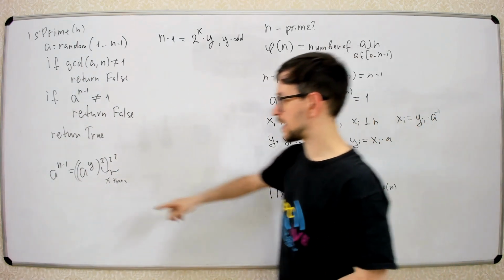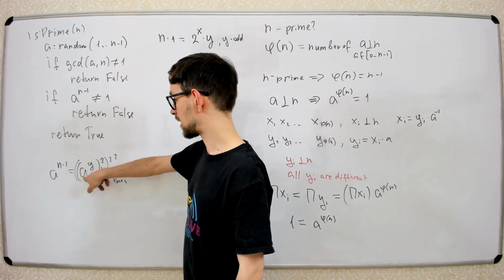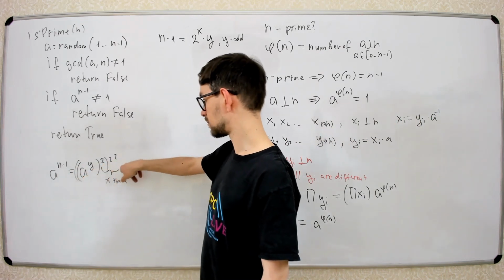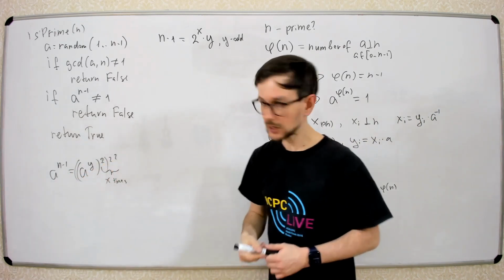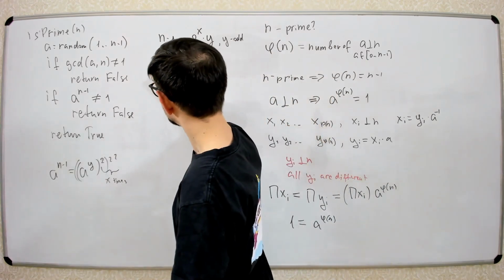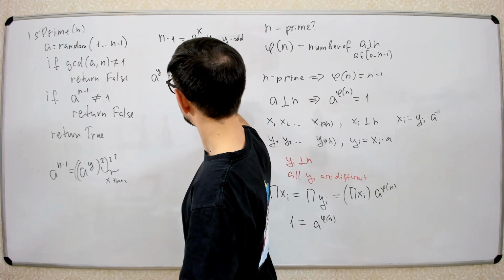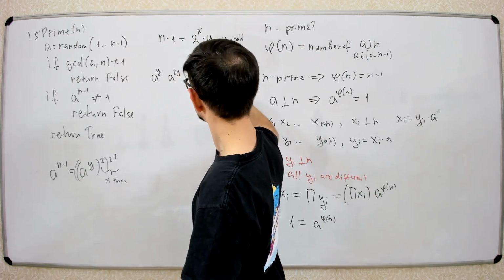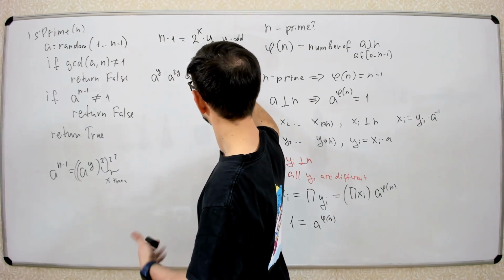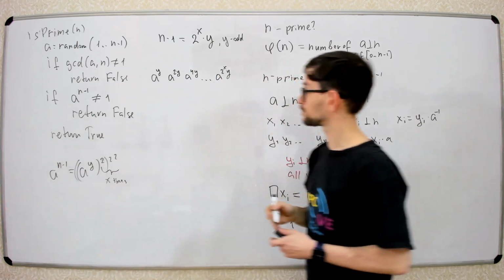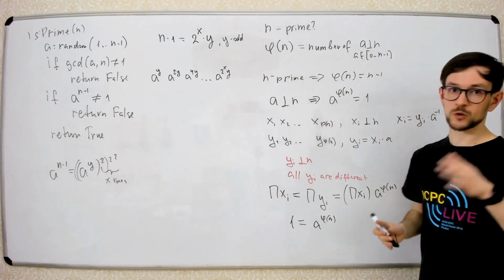So let's calculate a power n minus 1 like this. Calculate a power y, and then square each time. So we have a sequence like a power y, a power 2y, a power 4y, and so on, a power 2^x y. So let's calculate this sequence.